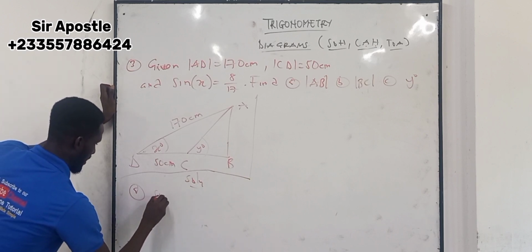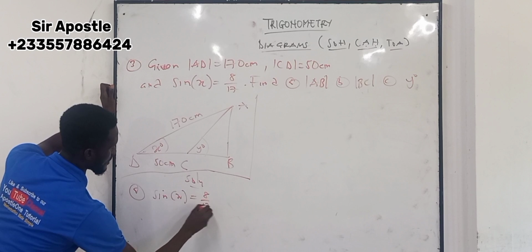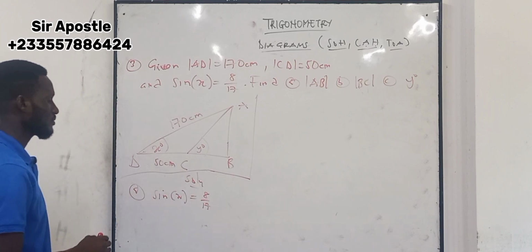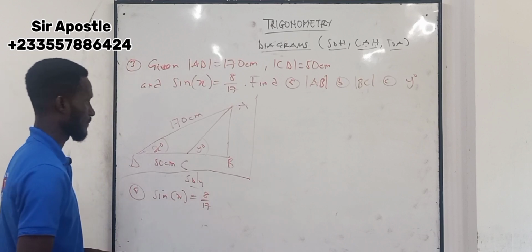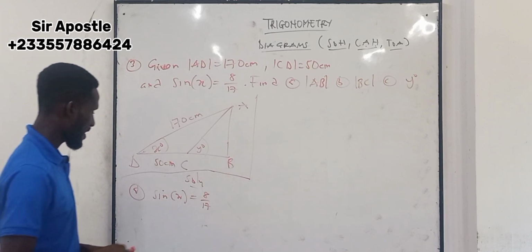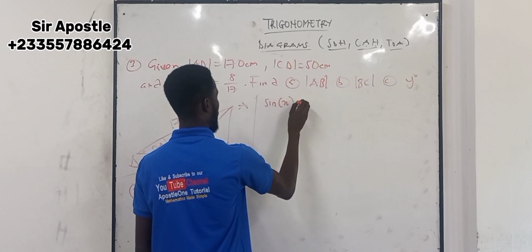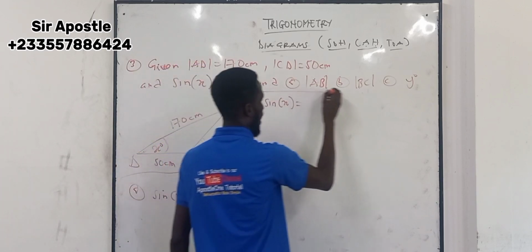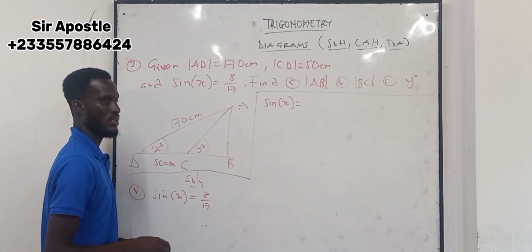You know that sine x is equal to 8 out of 17 from the question. Now at the same time, we can find sine x from the diagram. Sine is opposite over what?